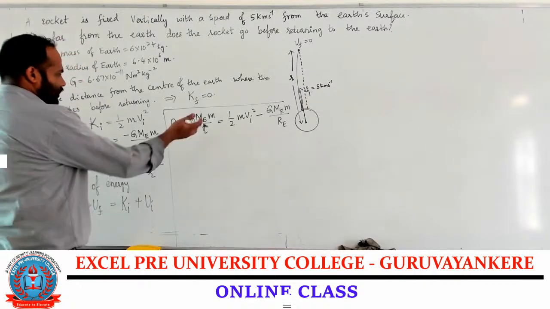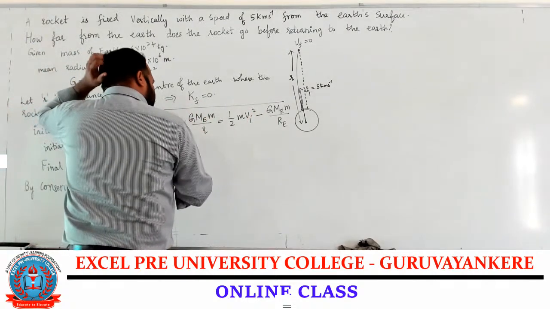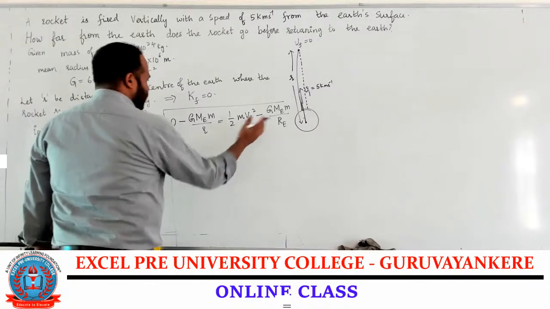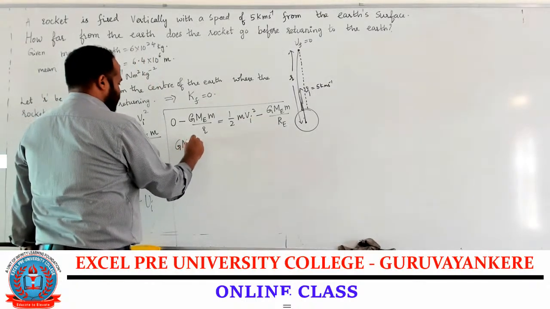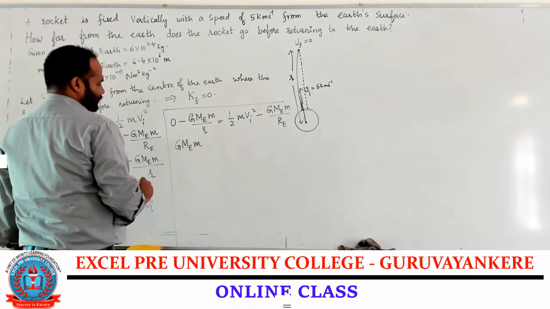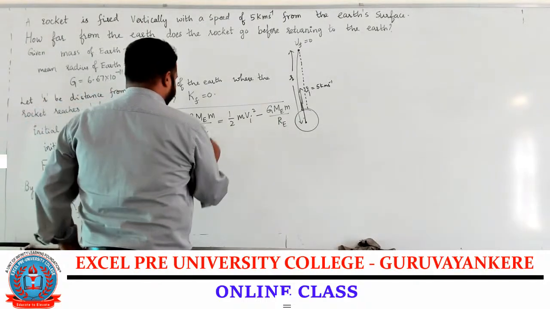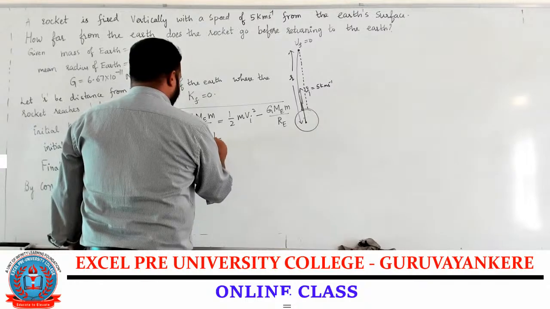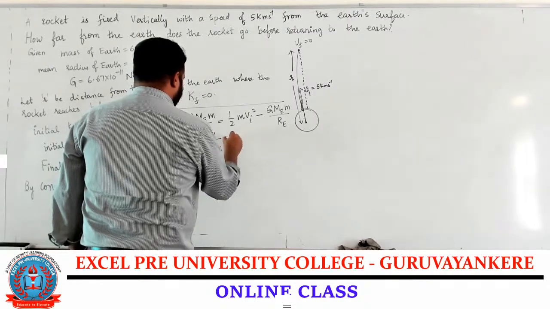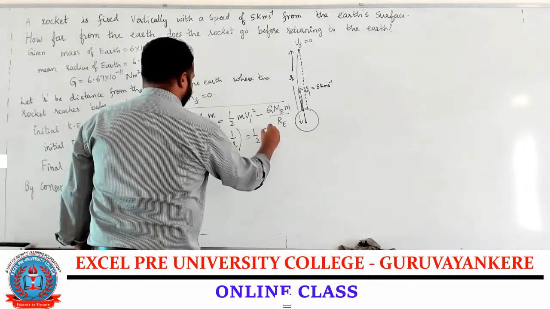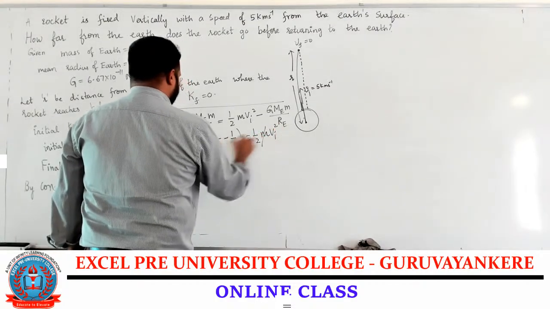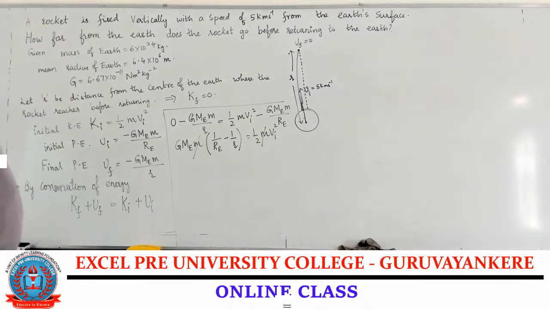Okay, now m I can take common throughout, that cancels. Anyway, bring this to this side. This will be GMe m times 1 by Re minus 1 by r is equal to half m Vi square. So m and m cancel off.